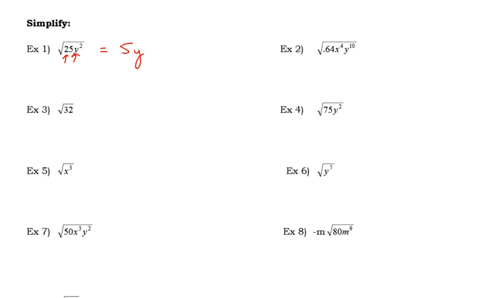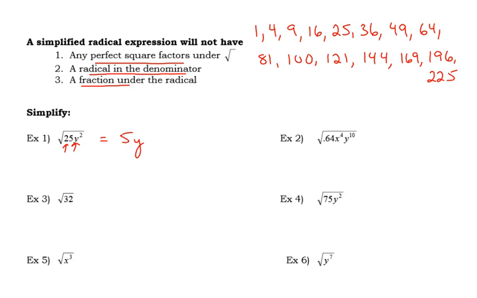Okay, example 3. 32 is not a perfect square. It's not on our list. So you can't put these in the calculator because we're simplifying the square roots. What you need to say to yourself is, which one of these perfect squares goes into 32? And I need the biggest number that goes into 32. You might say 4 goes into 32, but 4 is not the biggest perfect square.